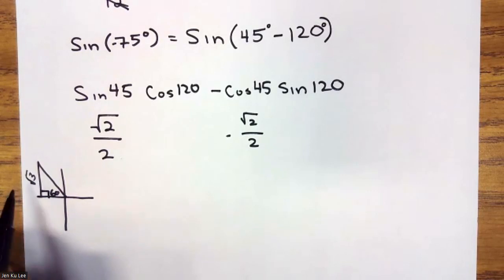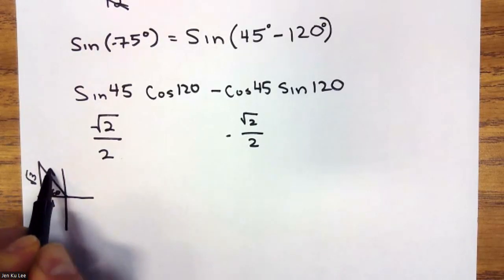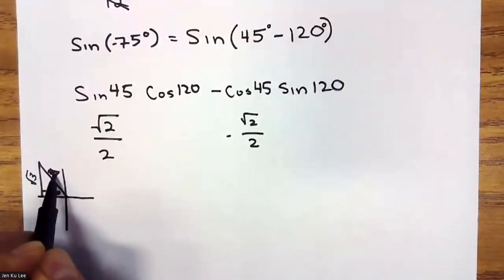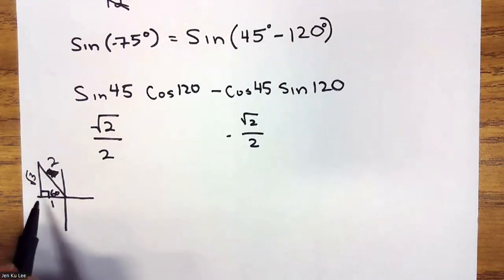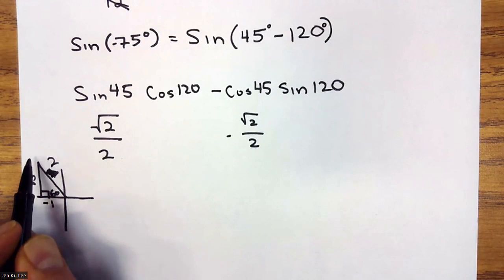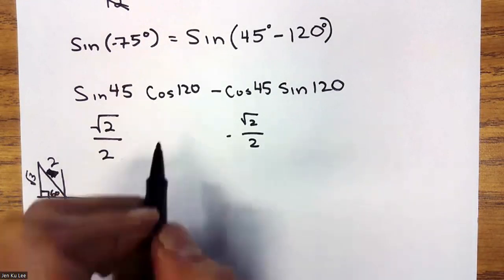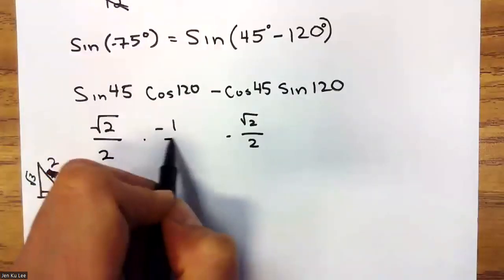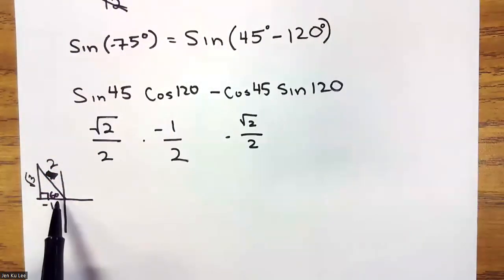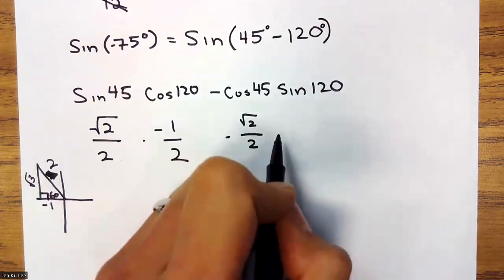So this is square root of 3, this is 1, this is 2. This is negative because of my negative x-axis, positive y-axis. So the cosine of 120 is negative 1/2, and the sine of 120 is square root of 3 over 2.